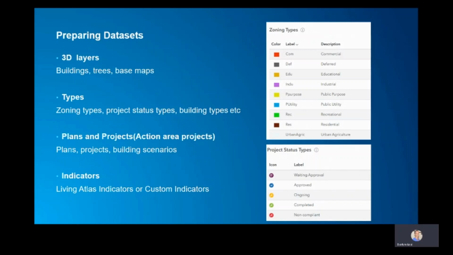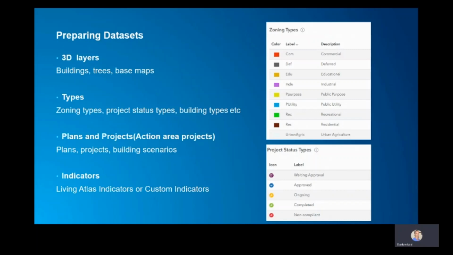On my screen, I have captured a screenshot of the zoning types, which I mainly picked from the planning handbook. We have the type, the label, the color code for that type, and the description. And of course, for each zoning type, we will have different zoning regulations. So you have to define these before you get started with working with ArcGIS Urban. These are the foundational layers that you will need.